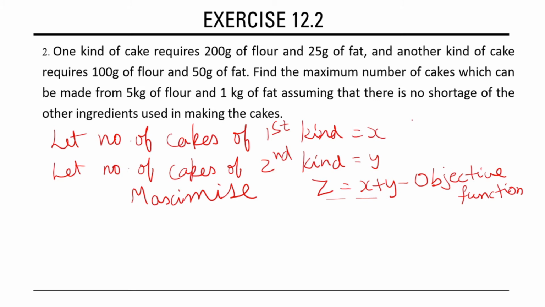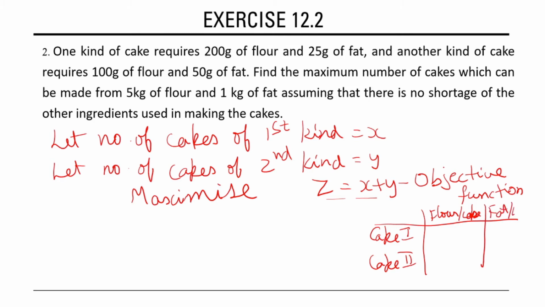So I am writing here, we have cake 1, the first kind of cake, and the second kind of cake, and then flour required per cake and fat required per cake.